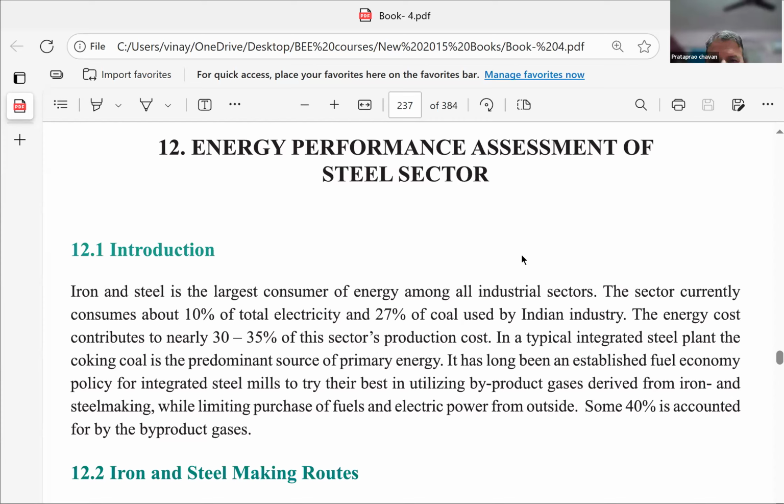Where the heat is generated in the boiler or furnace, whether there are any inherent losses, whether there is an insulation loss, an open door loss, or a major loss going through the exhaust gases. Particularly, we have seen in coal fired boilers, about 15% is the total loss of the boiler.